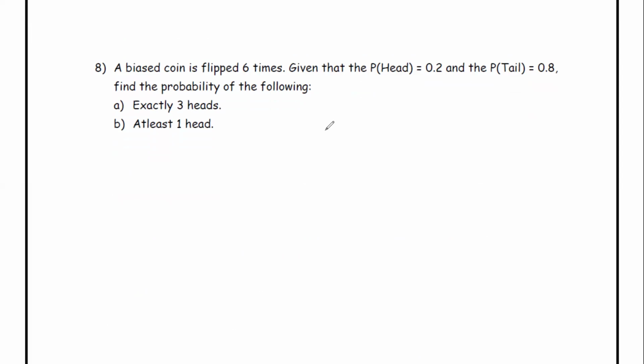You know that when you flip a coin 6 times, or you flip 6 coins together, this is coin one, two, three, and coin six.